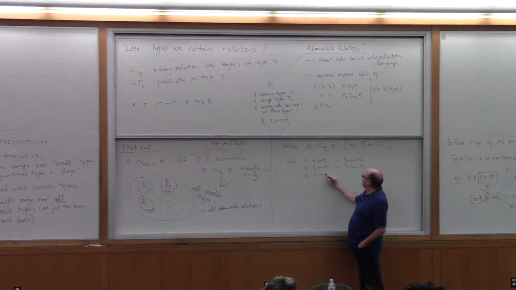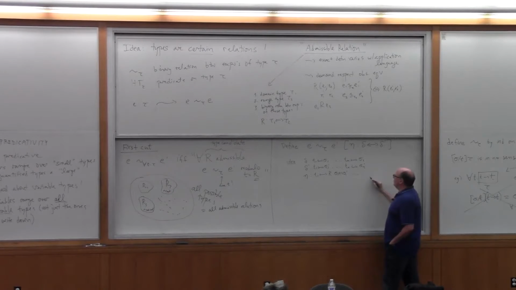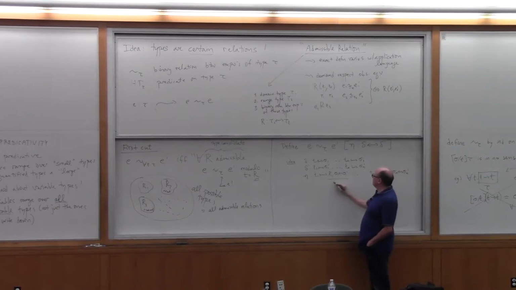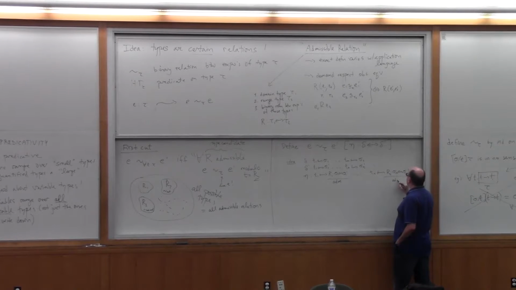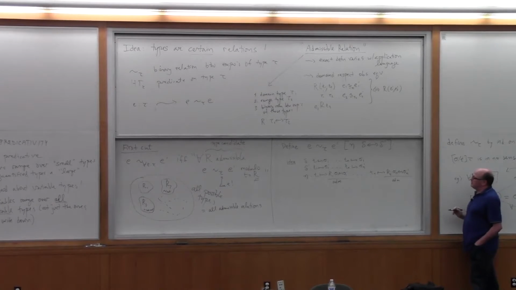It sends each one to an admissible relation between sigma 1 and sigma 1 prime, and all the way down, an admissible relation, let's call that R1, and then this would be Rn, relating sigma n and sigma n prime. And these have to be admissible. It's an admissible class of relations.